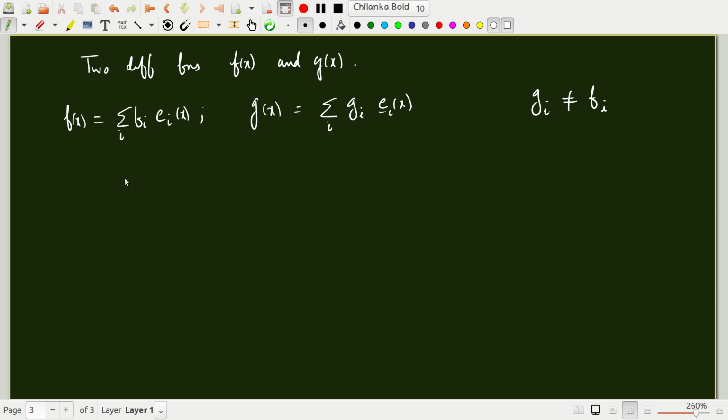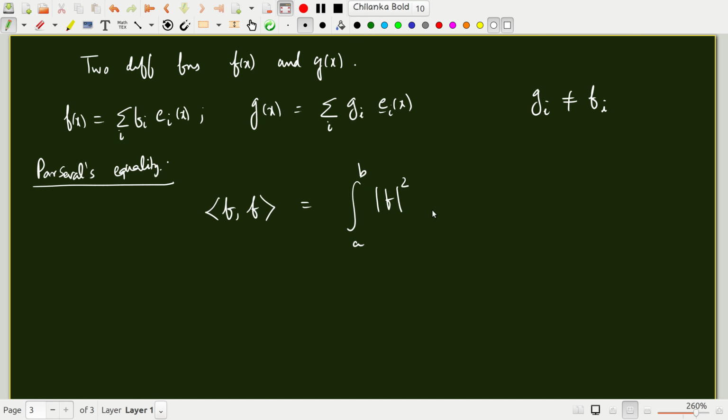Okay. Now, one last relation, which is called Parseval's equality. Suppose I take f and take the inner product with itself. What we just said is that this is nothing but the modulus of the function f squared at each point multiplied by the weighting function. This is nothing but the integral of f conjugate times f dx.